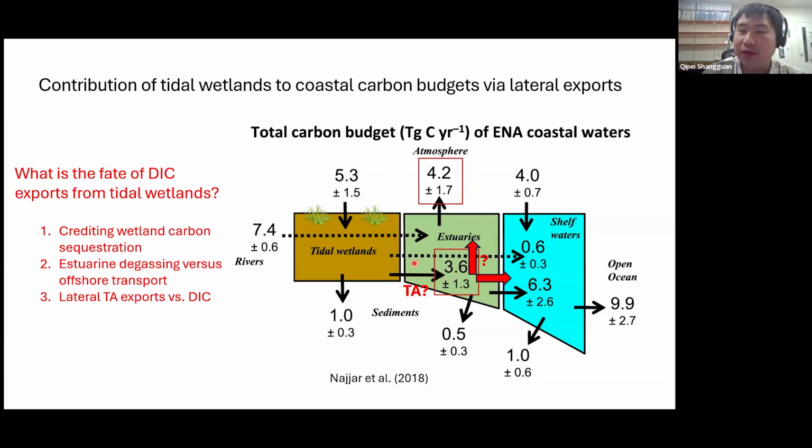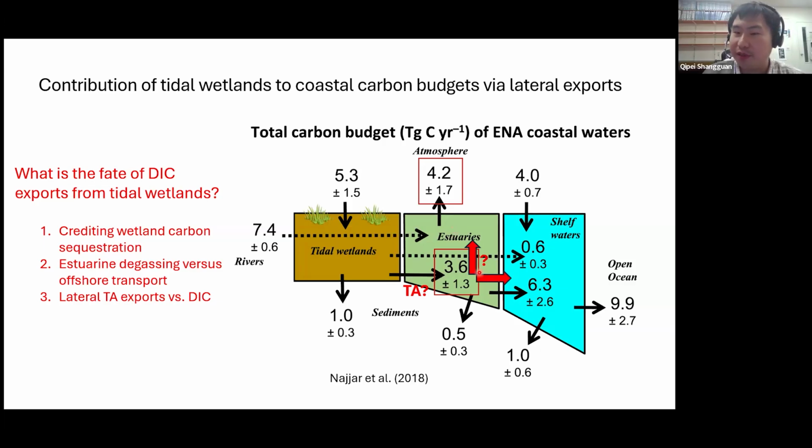We also know that estuaries are a net source of carbon dioxide to the atmosphere. But what we don't know is how much of this atmospheric degassing comes from the lateral carbon exports. That's exactly the same question: what's the fate of the lateral export? Does it stay in the water or does it evade to the atmosphere?